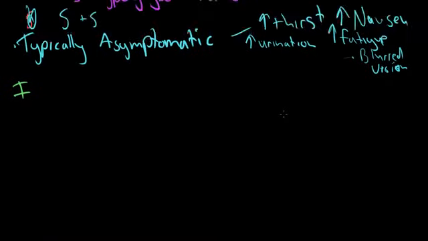Now, because no definable risk factor is something that happens to people who don't have any risk factors, I personally think it's worth screening everybody. But at the very least, you want to screen people with past history, obesity, things like that. So for investigation, I think screen everybody. Now the main test is called the oral glucose tolerance test.